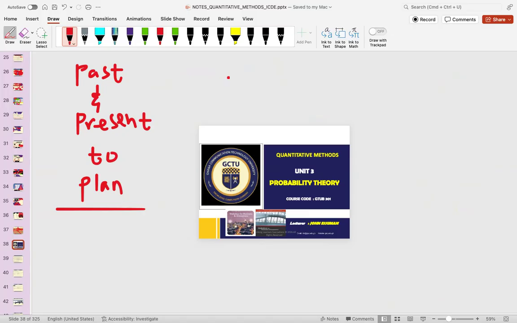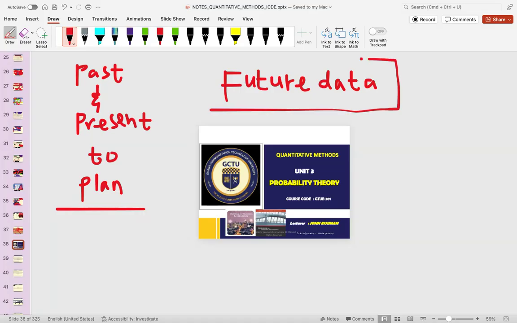There is another type of data we want to learn today, which is called the future data. Sometimes it is good to use the future data to plan.